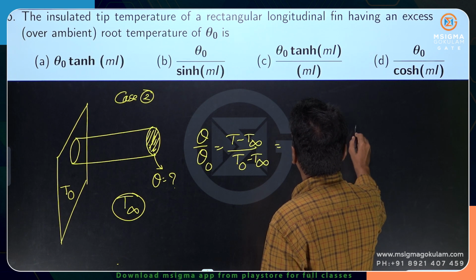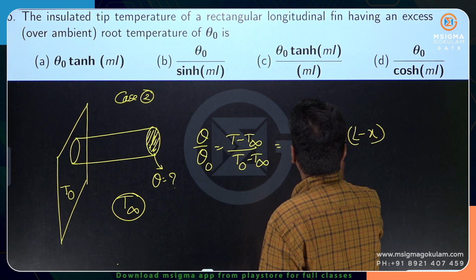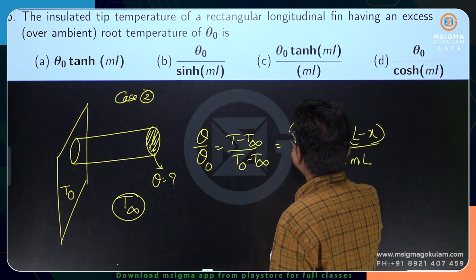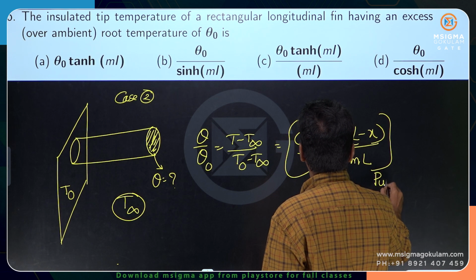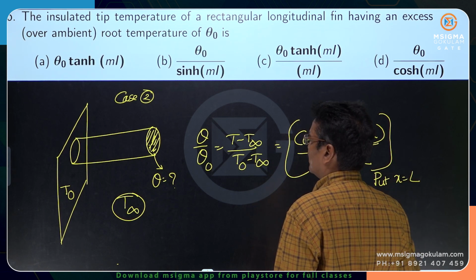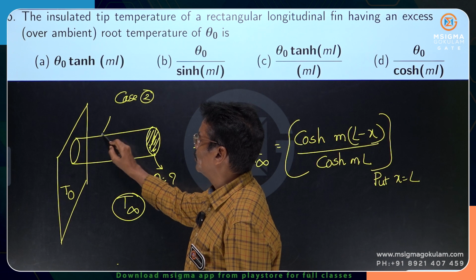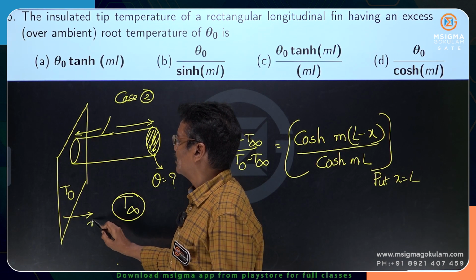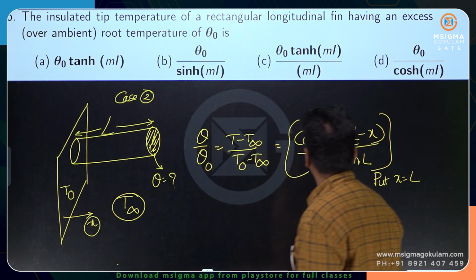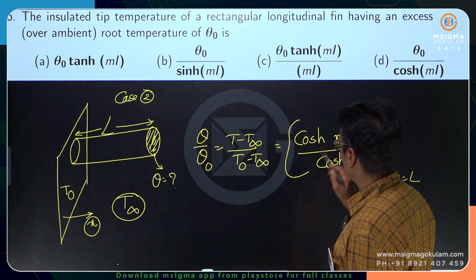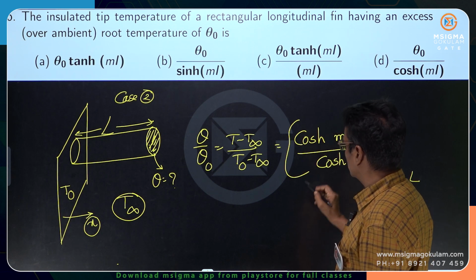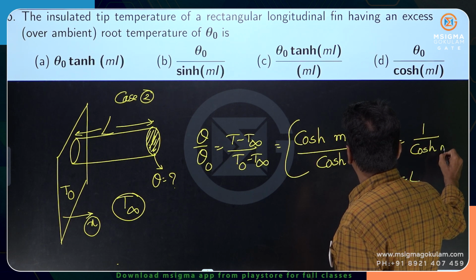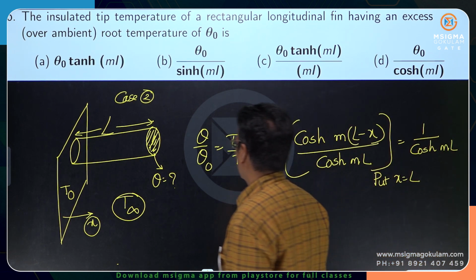It is cosh m(L minus x) divided by cosh mL, where we have to put x is equal to L, because he is asking at x is equal to L. This is the x direction. When you put x is equal to L, L minus L is 0, cosh 0 is 1, so it becomes 1 by cosh mL.